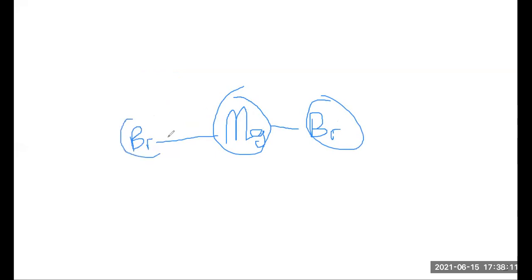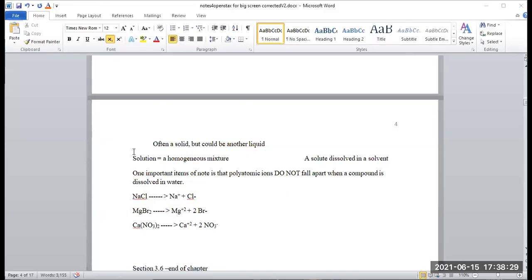And so this is why when you drop it in water, it gets cut right here, and it gets cut right here, okay? This is why you do not get Br with a 2 subscript still remaining. You actually get 3 separate pieces. The Mg swims free from the 2 bromines, which are each a separate piece.